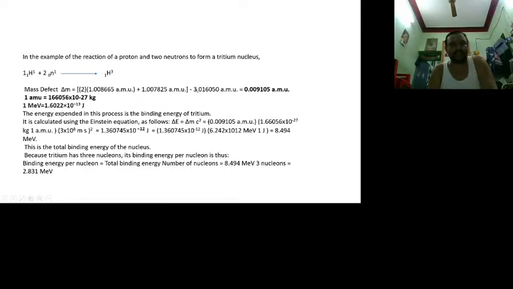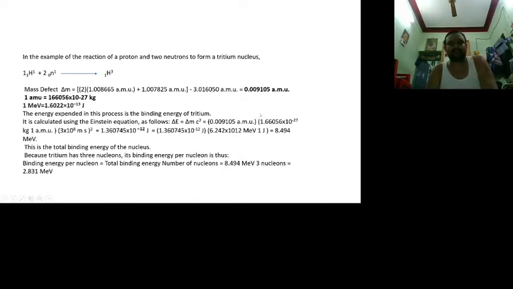Techniques like Bainbridge mass spectroscopy give the exact mass of all nuclei. This is the experimentally observed mass of the tritium nucleus, and that should be subtracted from the calculated mass.